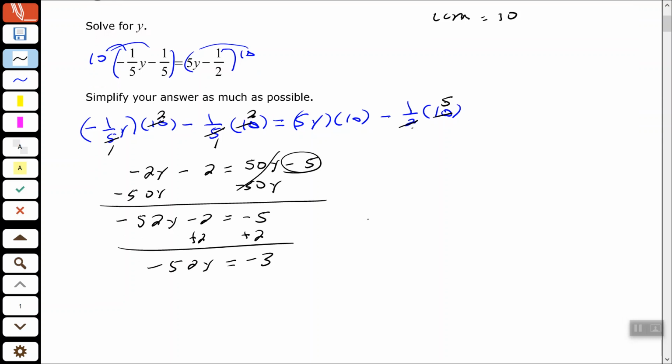And then divide both sides by negative 52. So 3 over 52 would be the final answer, I think. Yep. And that's because negative divided by negative makes positive.